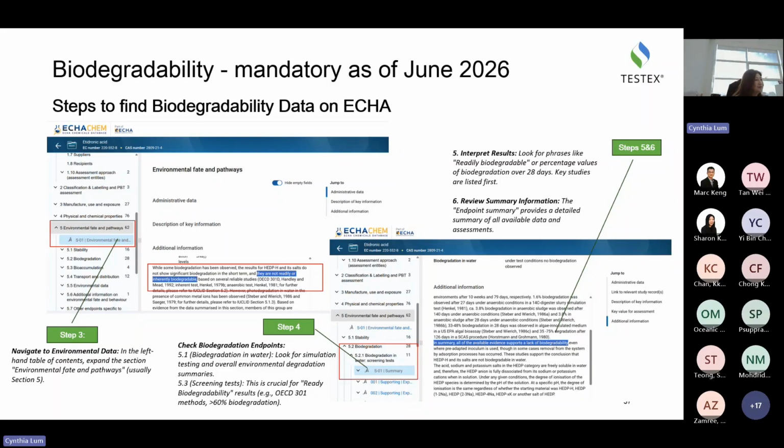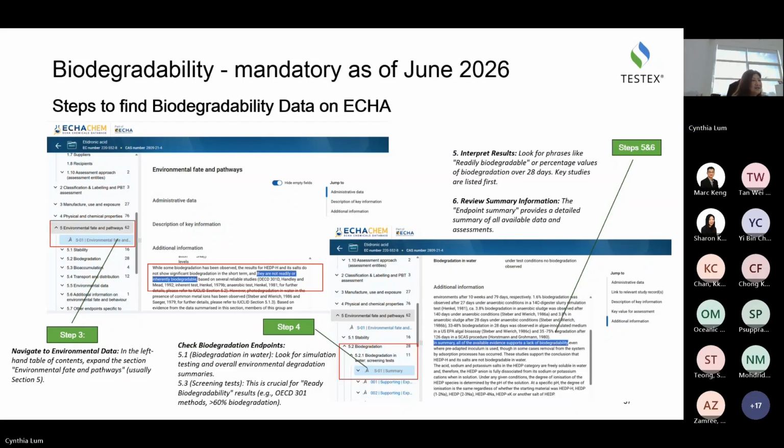You scroll down, maybe to 5.1 or 5.3, and if you check in here, steps 5 and 6, you look for phrases that say readily biodegradable, estimation values, etc. And then you read the summary.